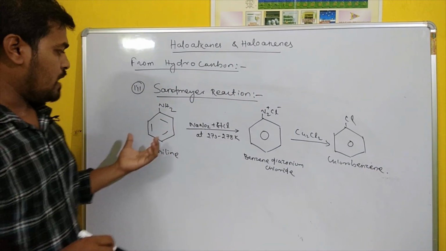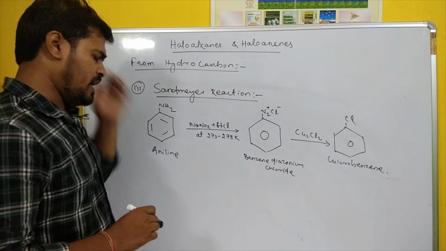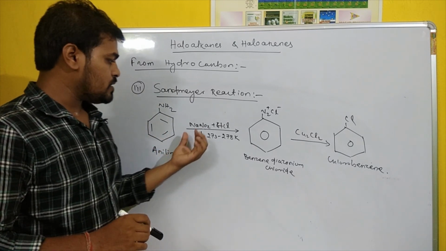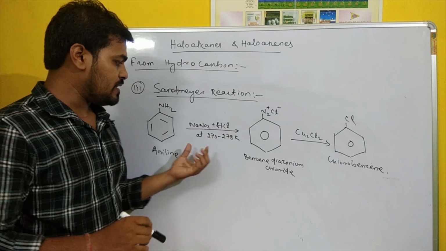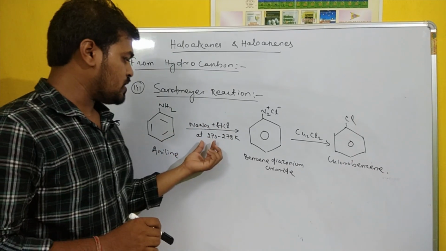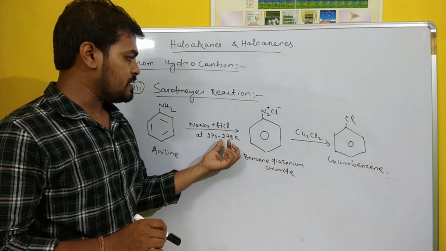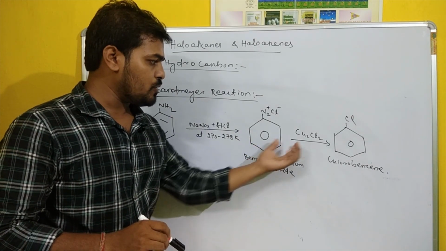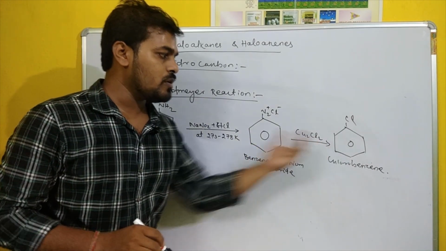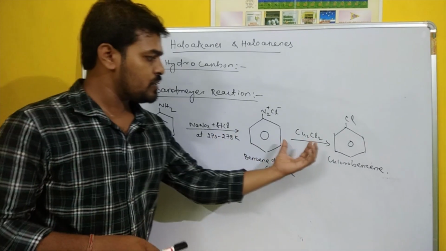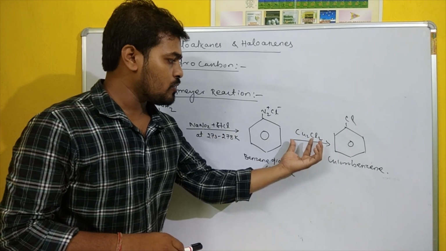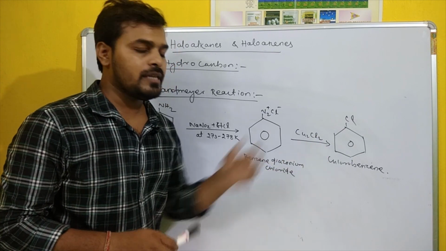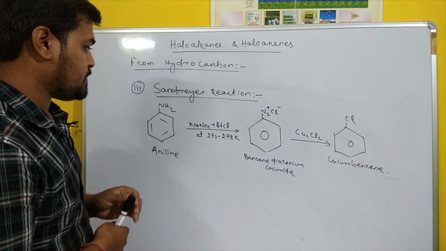When primary amine or aniline reacts with sodium nitrite and HCl at 273 to 278 Kelvin, it gives benzene diazonium chloride. Benzene diazonium chloride when reacted with cuprous chloride gives chlorobenzene. In place of cuprous chloride, we can also take cuprous bromide, so that we can get bromobenzene, right?